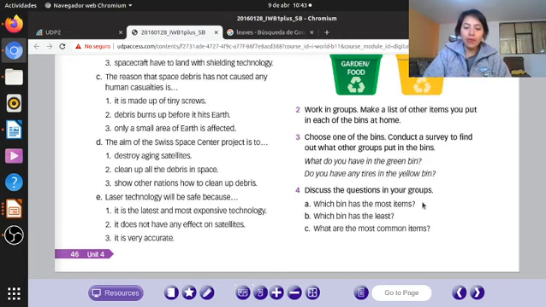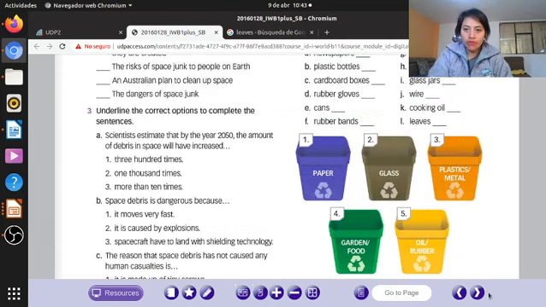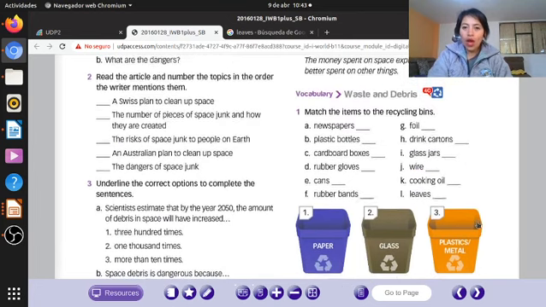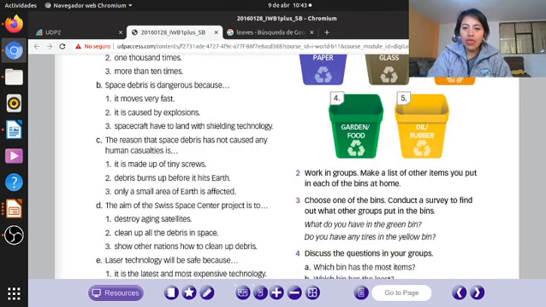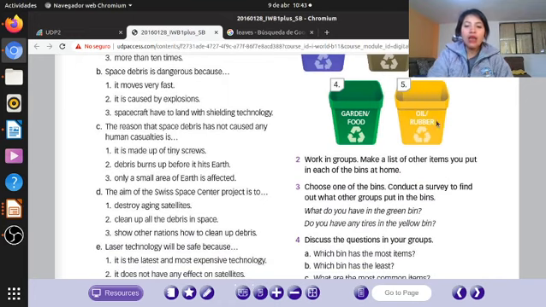Okay. Now, what we are going to do, you have to complete this part of the book, right? Exercise number 1, 2, 3, and 4, right? And you have to take a picture of this part, because sometimes you take pictures of the whole page and it's impossible for me to see the answers, right?